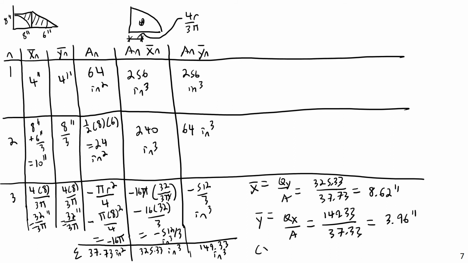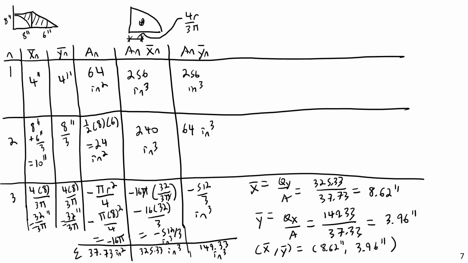So my x bar, y bar, the combined centroid of this compound shape is 8.62 inches, comma 3.96 inches. And this represents the overall average location of the area of the shape. Now what does that mean? Well, if this were a flat plate, that would actually represent the location of the center of mass.